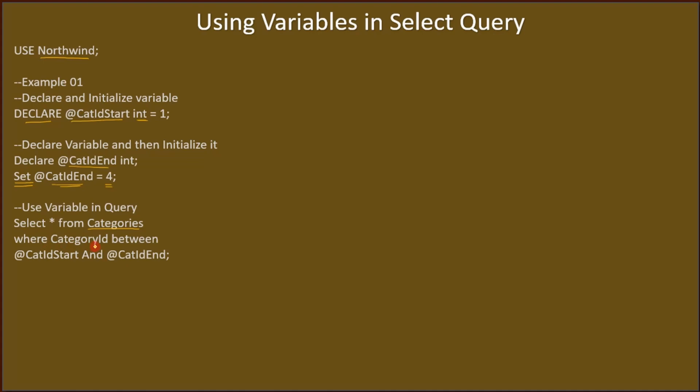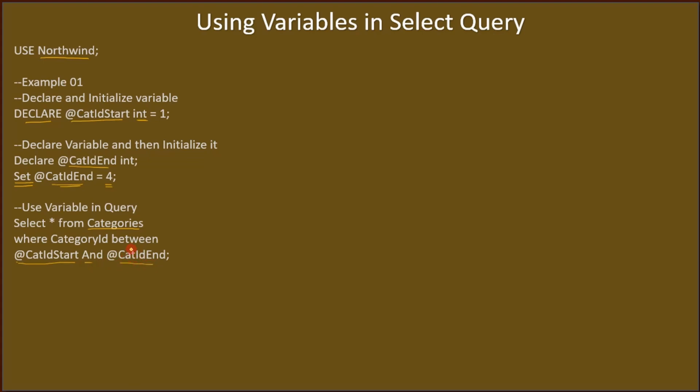So this is a simple where condition, and here we are using the variables: where category id between 1 and 4, but here we are using the variables. So the first variable holds the value 1 and the second variable holds the value 4.